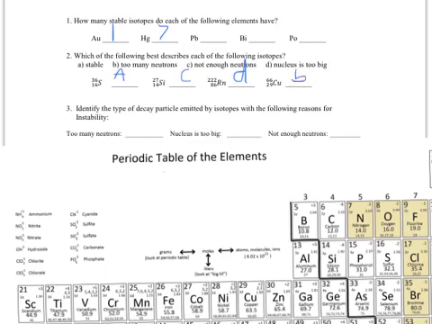Let's try number 3. Identify the decay particle emitted by isotopes with the following reasons for instability. If the problem is you have too many neutrons, then you've got to get rid of a neutron. Let me show you basically what happens. If we have a neutron which is in a large nucleus with too many neutrons and is somewhat isolated from other protons, it becomes unstable, and it will emit or spit out a particle that is an electron.